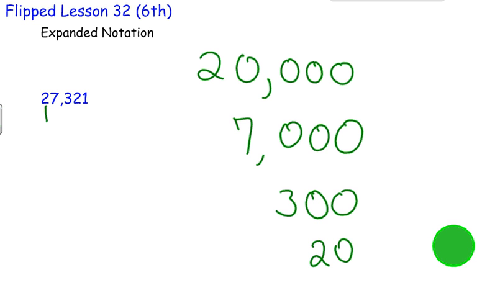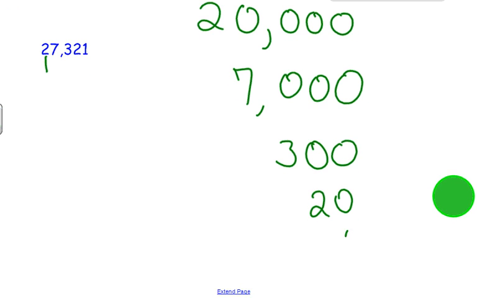And finally, when we get to the number 1, it does represent the number 1. And if we were to add all 5 of these numbers together, we would get 27,321.